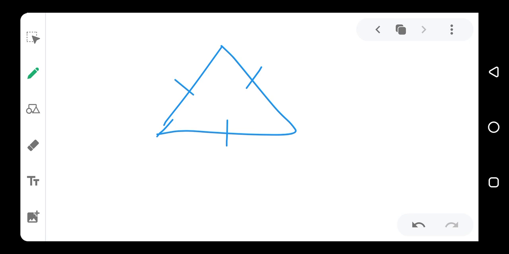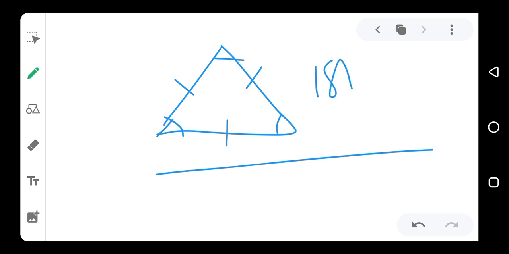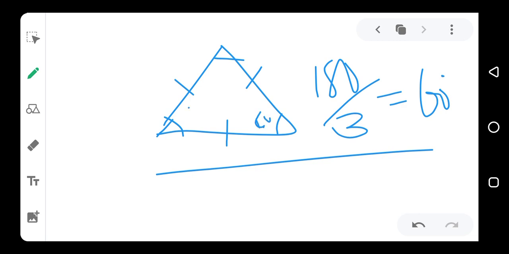That means that if all the sides in this triangle are equal, then the total angles in this triangle is equal to 180, and the angle in each of these should be 180 divided by 3, which will give us 60 degrees. So the angle here is 60 degrees, the angle here is 60 degrees, and the angle here is also 60 degrees.